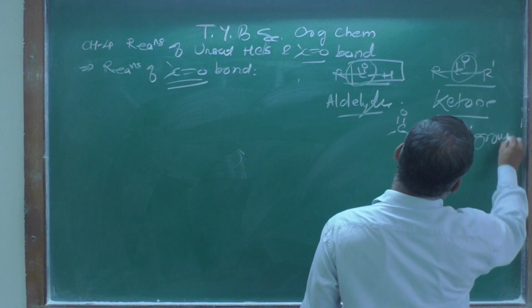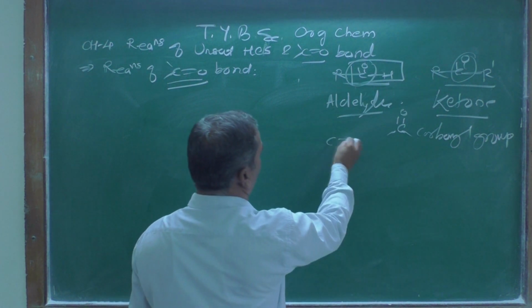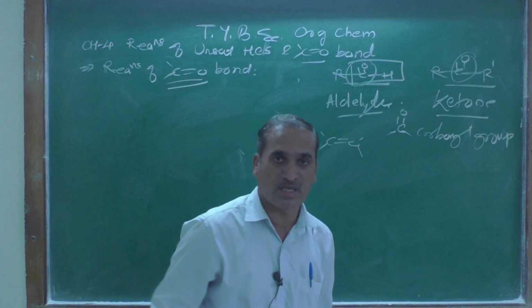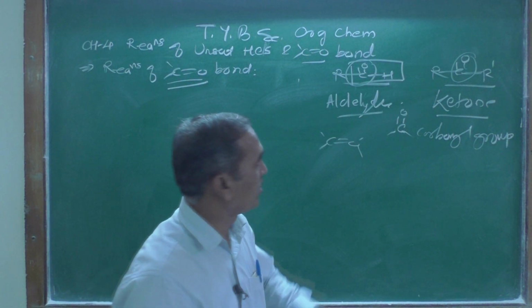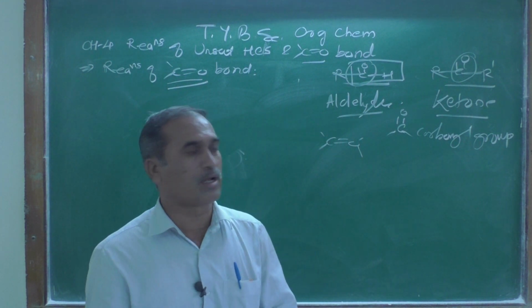And this carbonyl group actually differs from the carbon-carbon double bond, because the oxygen atom is more electronegative in nature, and therefore this is a polar compound.